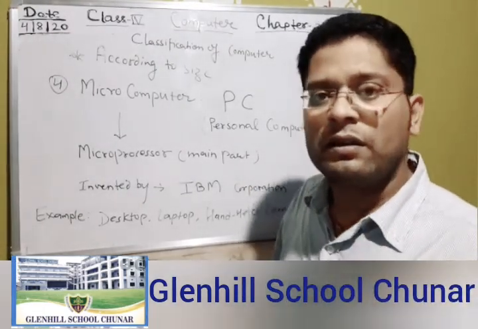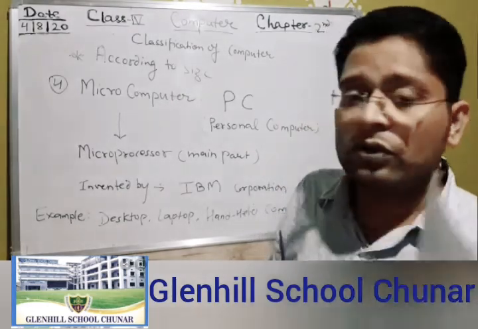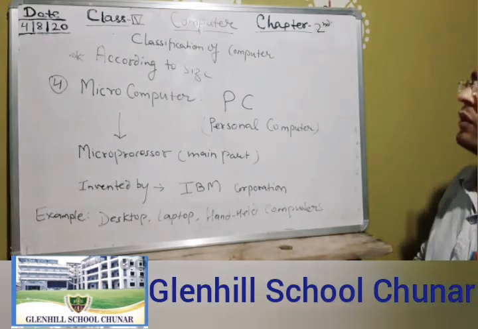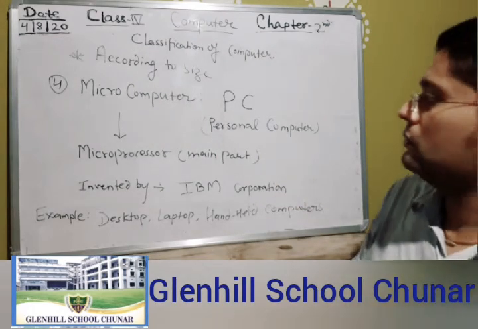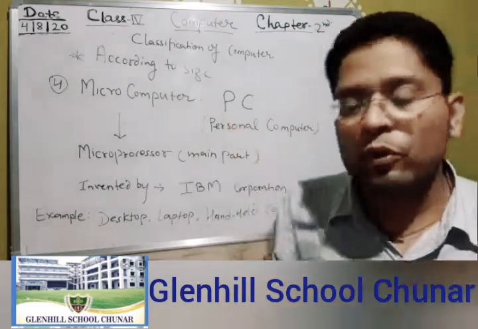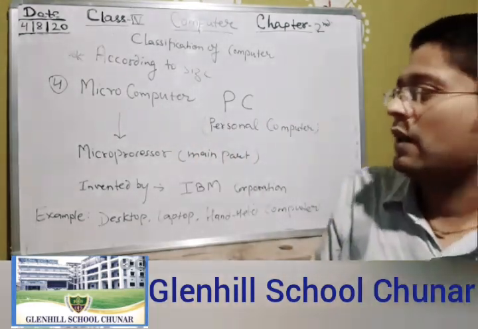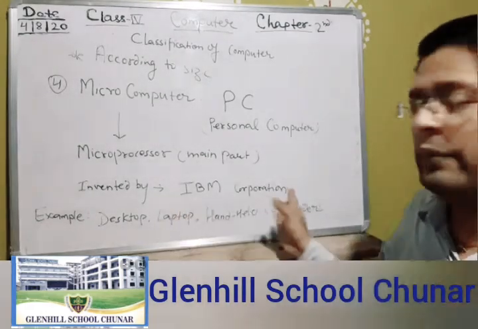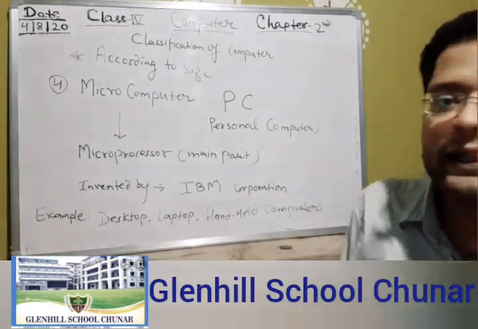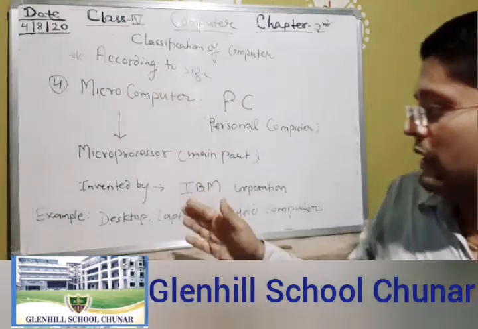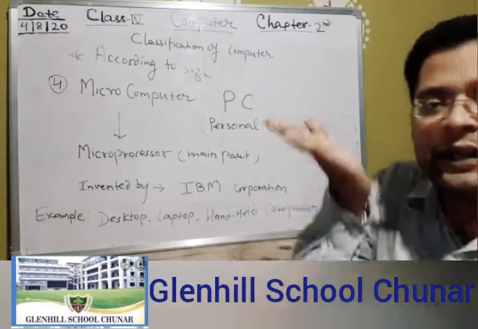Okay student, yes. So microcomputer means PC, often called. And the main part of microcomputer is the processor, and this microcomputer was invented by the IBM Corporation, and the examples of microcomputer are desktop, laptop, handheld computer.